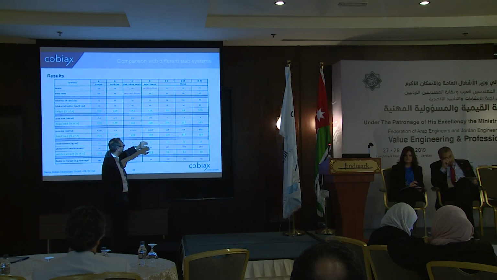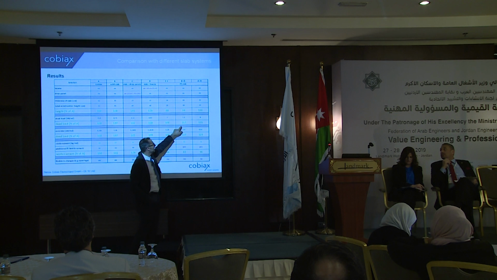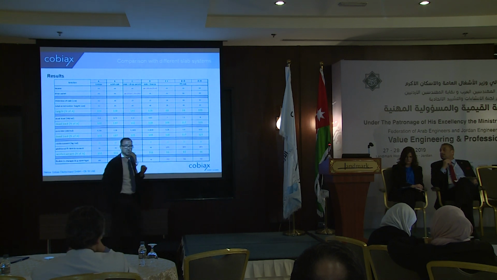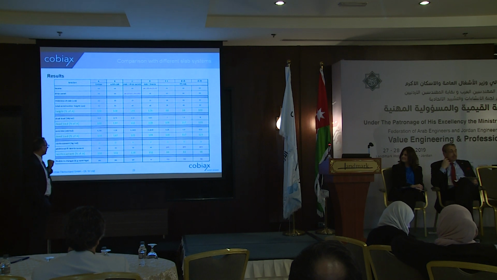That's nearly nothing, but somehow it's an increased dead load. The PT slab, even though it has got a smaller slab thickness, has got 9% more dead load, 17% more dead load, or 25% more dead load. So that is also an advantage for the Kobiaks slab if you have a look at the total structure.